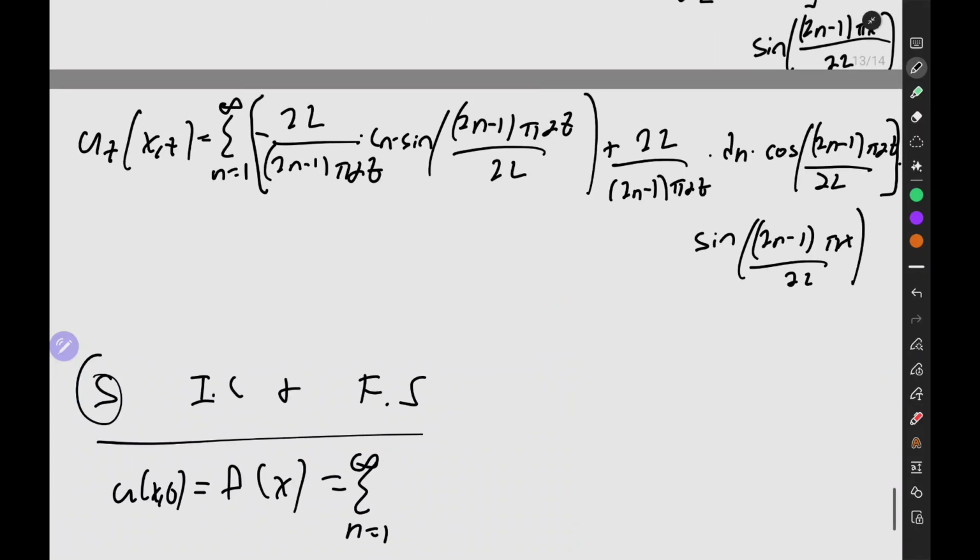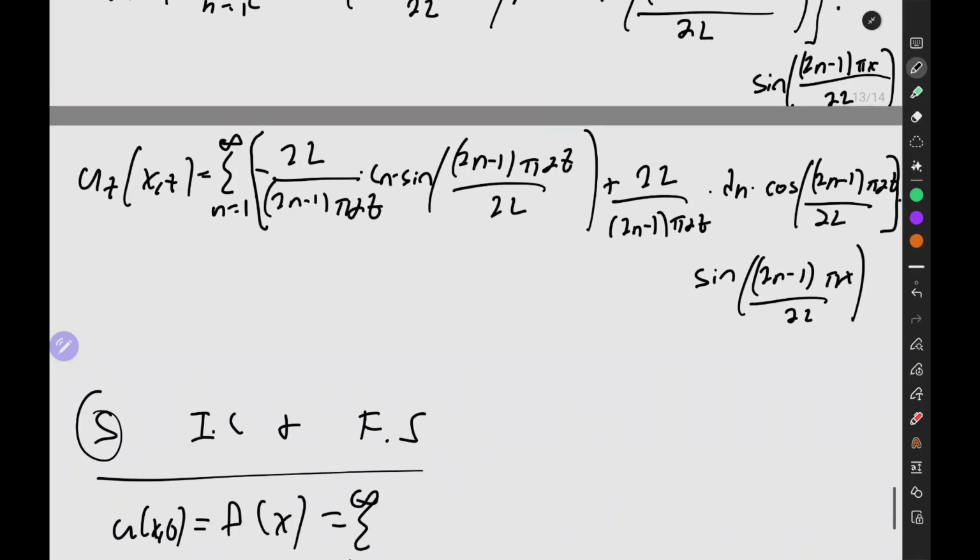If we make t 0, this goes away, this goes to 0, this goes to 0, this goes to 1, we're left with this.